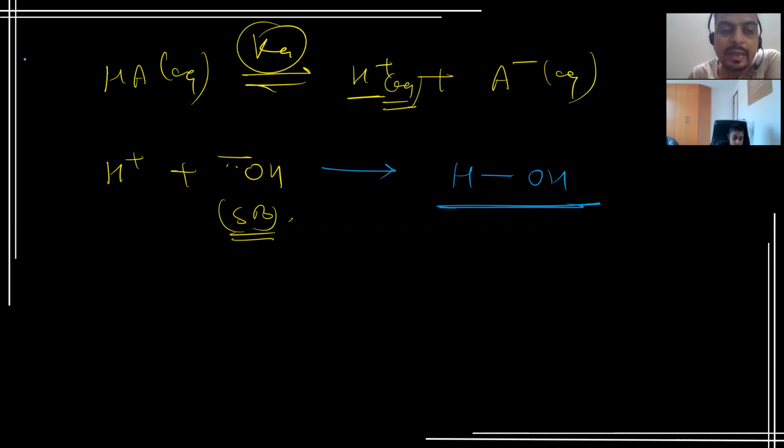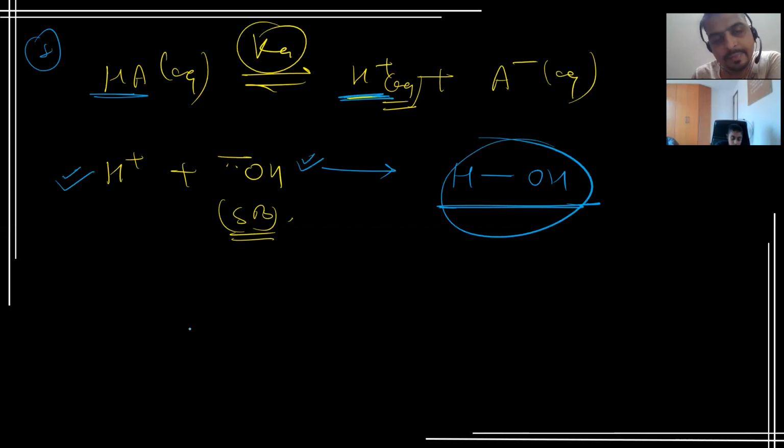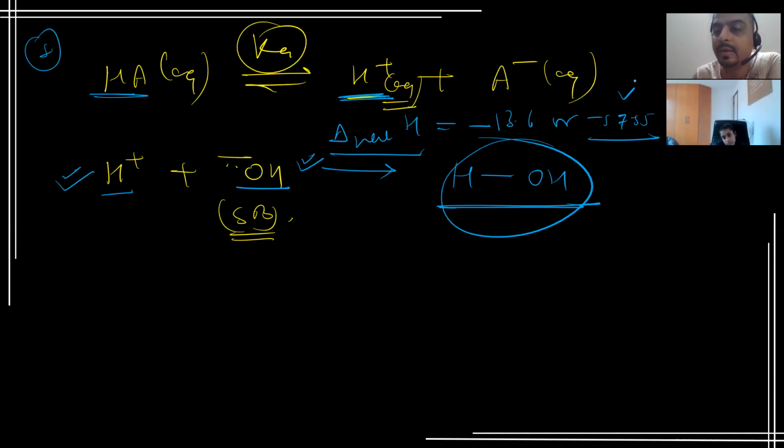So in the case of weak acid and strong base, or strong acid and weak base, the weak part will undergo ionization and produce H plus. H plus reacts with OH minus and produces H2O. The heat of neutralization for a strong acid and strong base is fixed, minus 13.6 kilocalories or minus 57.55 kilojoules.